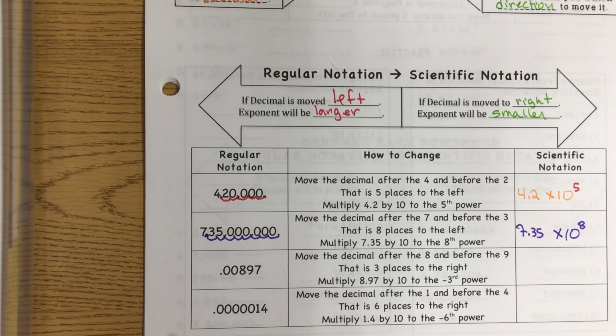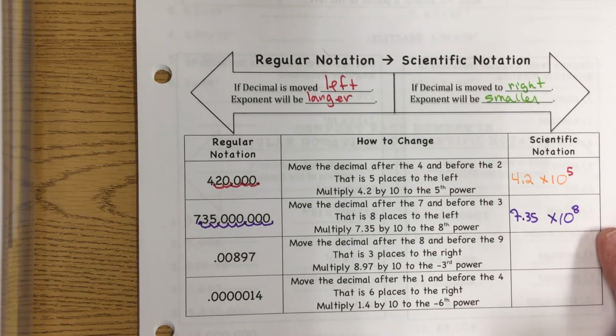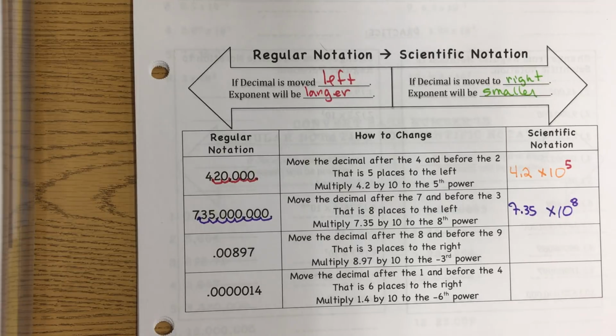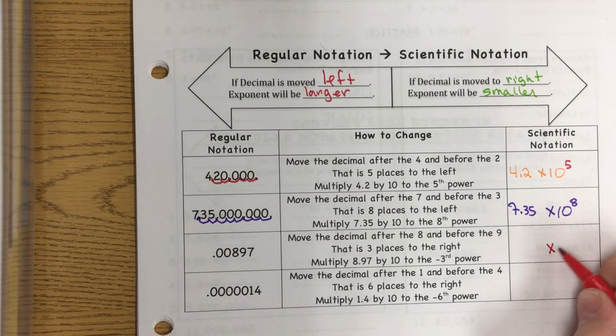Now the next number we're going to do is actually smaller than 1. So that means instead of having a positive exponent, I'm actually going to have a negative exponent. So the very first thing I'm going to write down here is 10 to the negative power. I don't know what that negative is going to be right now, but I do know it's going to be negative.